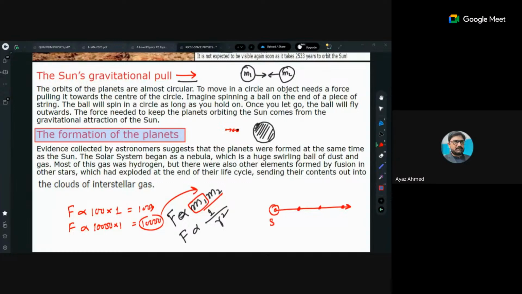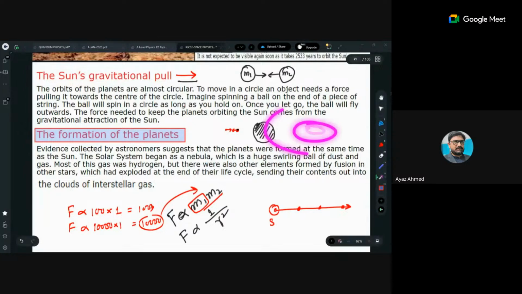Yes. ठीक है, so that is why if we say that the gravitational pull between the dust particles exists, due to that all the dust particles come closer and closer, and when they come closer to each other, they cause a huge swirling of dust particles.